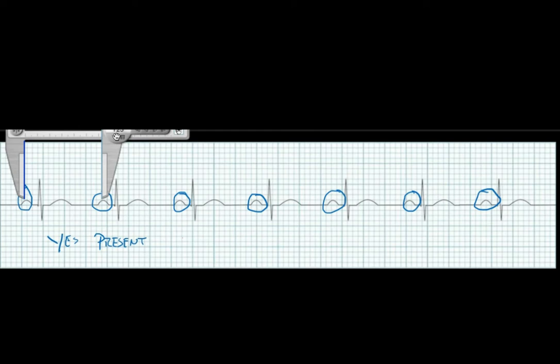So if I go from the top here, I want to go to the top here. I want to make sure that I'm measuring it in the same spot each time. Okay, so now I will just move my calipers.